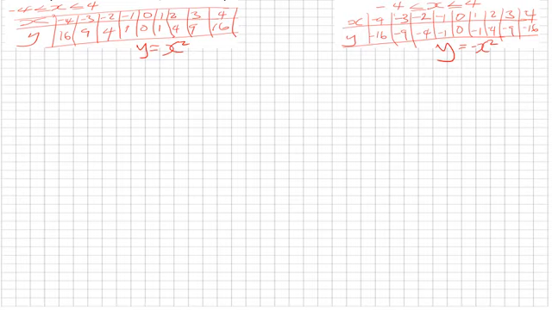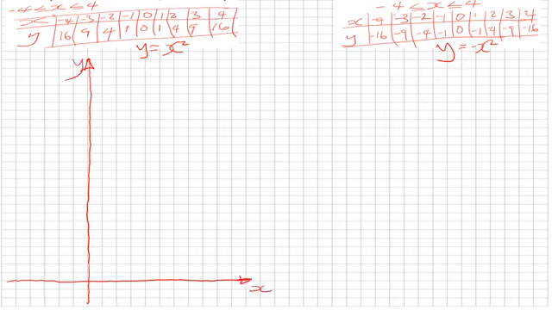Remember, let's have our y-axis. This is our y-axis, and this is our x-axis, x, y. Here we have x moving from 1, 2, 3, 4, 5, 6, 7, 8, 9, 10, 11, 12, 13, 14, 15, 16.